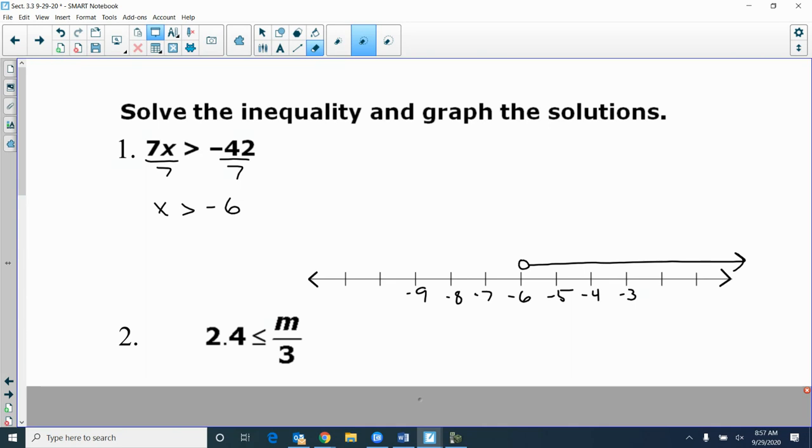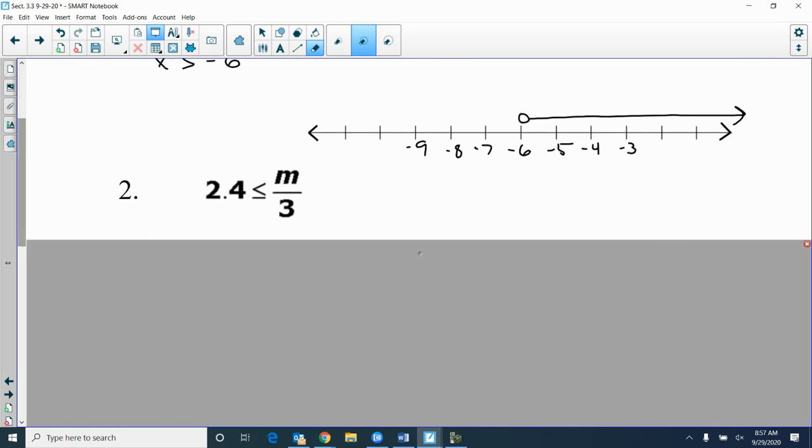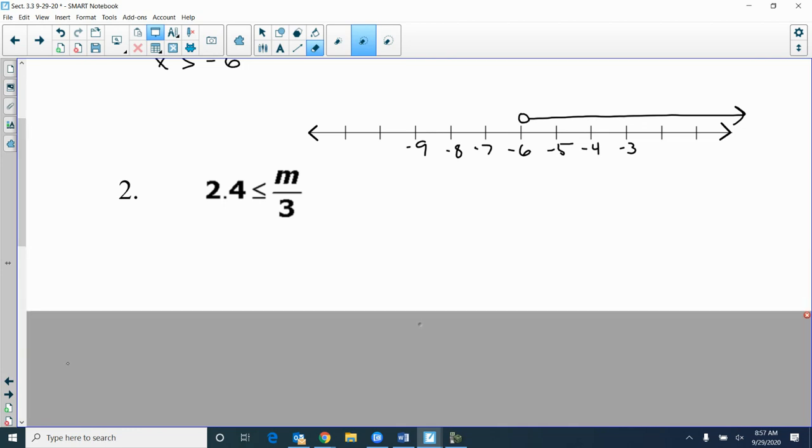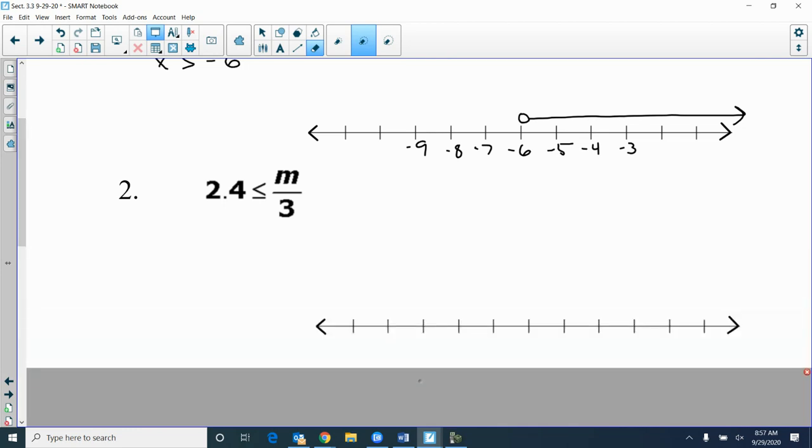Okay. All right, 2.4 is less than or equal to m over 3. Well, how did we solve this before? Christian, what do you remember how we solved that before? Times each side by 3. Multiply each side by 3. Put it on the side. That cancels the 3 over here.